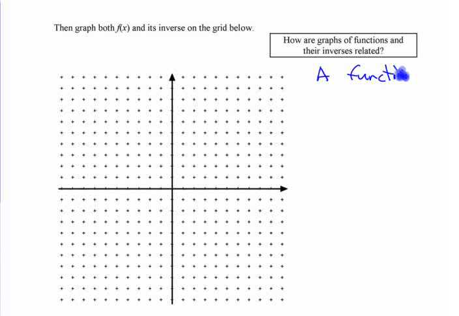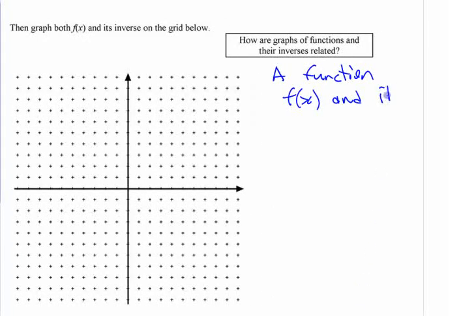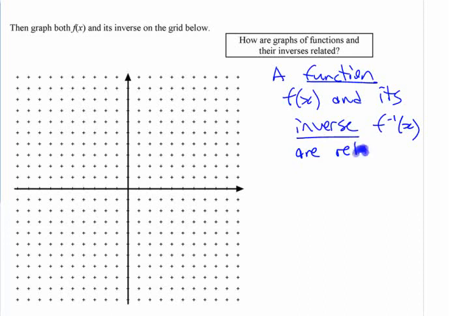A function f of x and its inverse, f with the little -1 of x, which you don't say f of with the little -1, you say f inverse of x. It's a bad choice of notation because you get confused then with exponents, but a function and its inverse are related as follows.